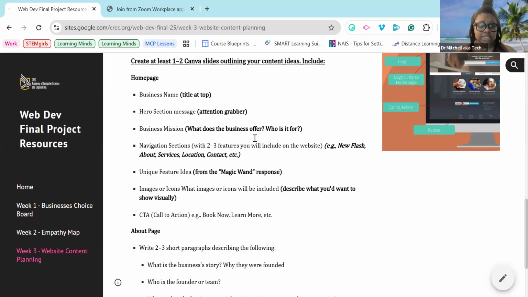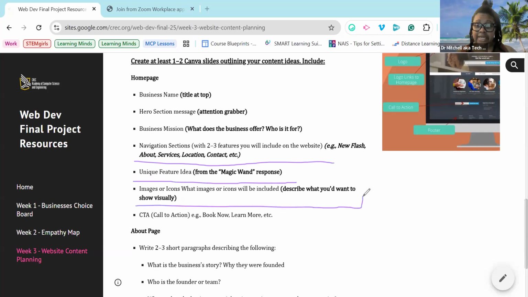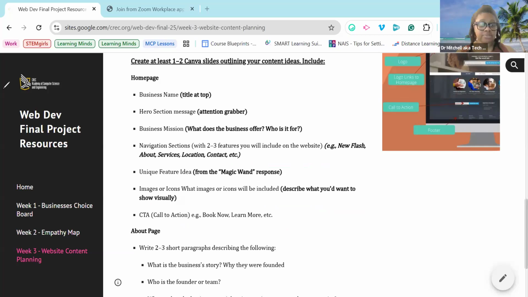You want to really dig in and think about your navigation section, unique feature ideas, images and icons that you are looking to add, and then your call to action. So, something that they can book now or schedule appointments or learn more. You want to make sure those items are there.